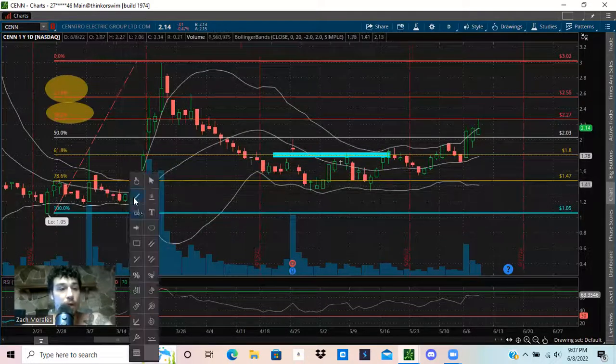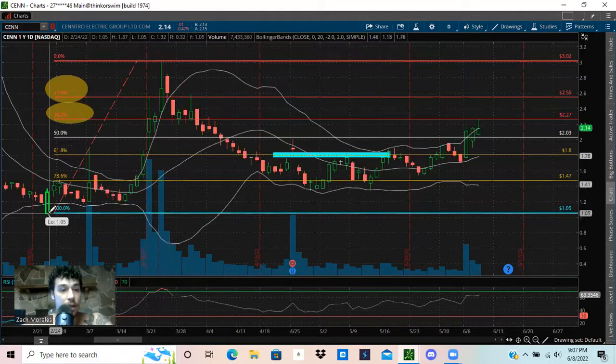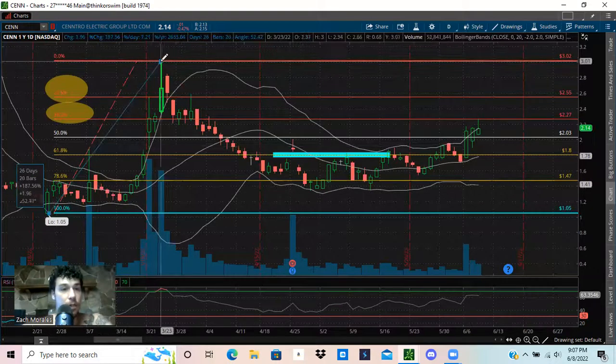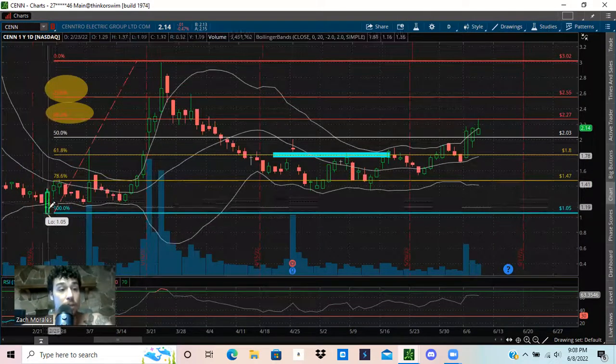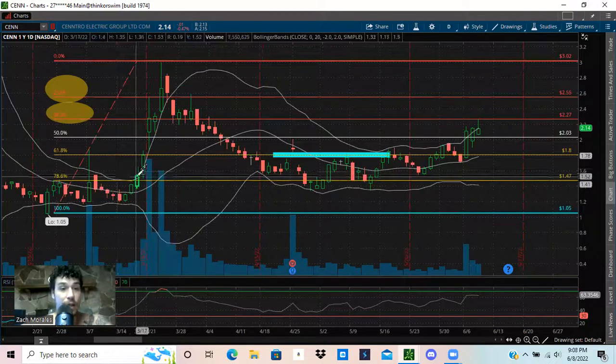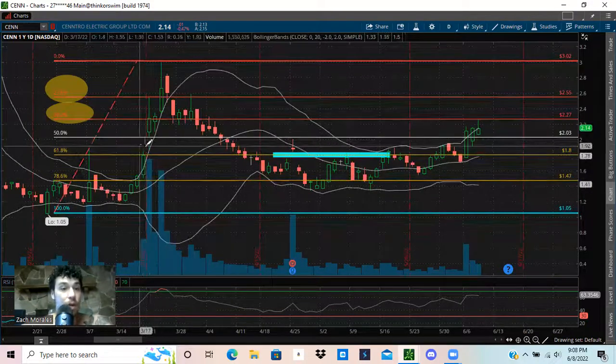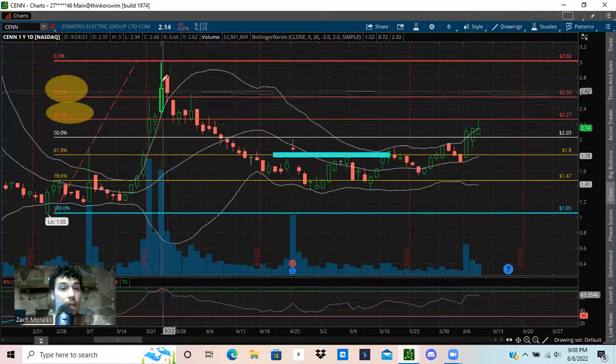Clearly, we can see that in the period from here to here, we went up 187% in less than a month, in 26 days. Obviously, that's a massive rally. What happened? We went from trading outside the bottom Bollinger Band to having a breakout and trading above, opening and closing above the top Bollinger Band.